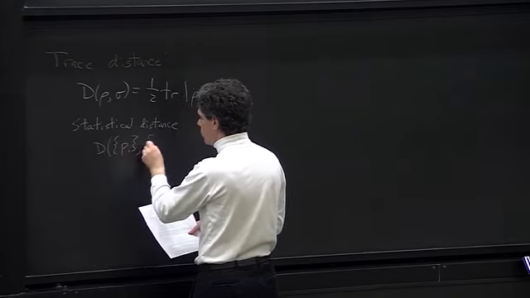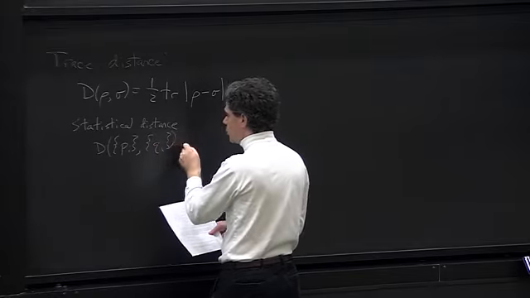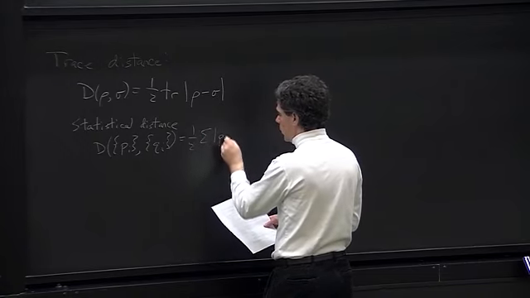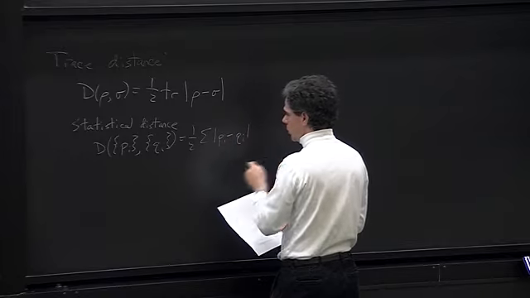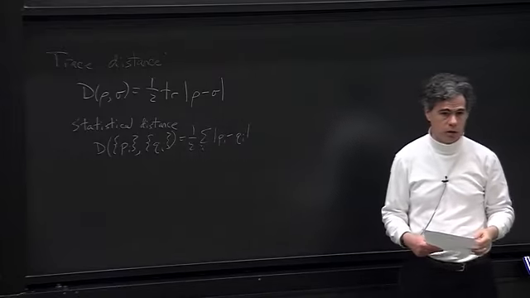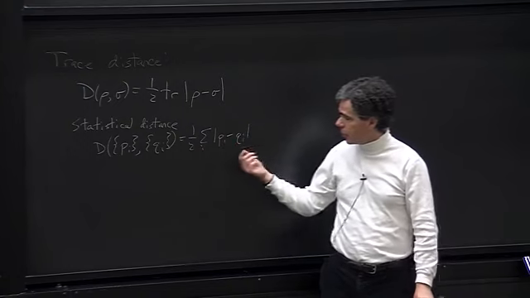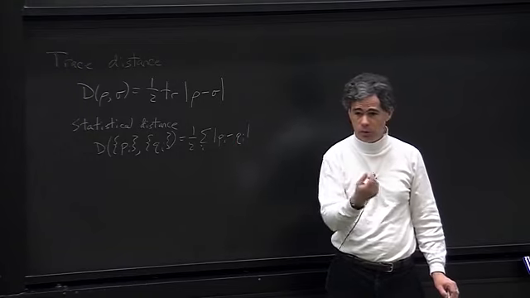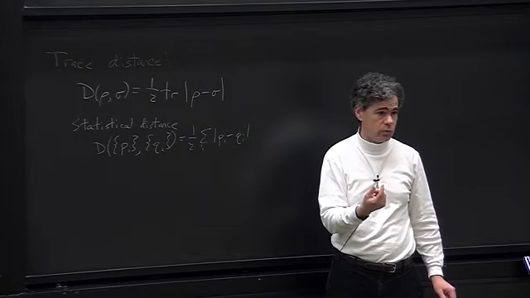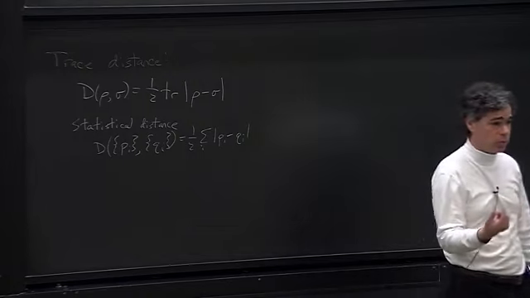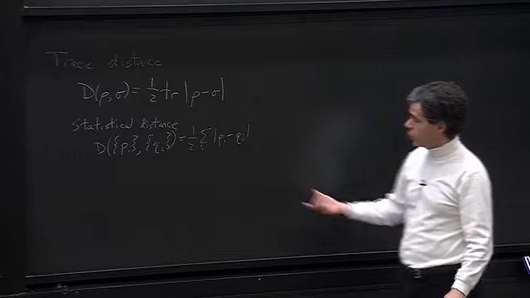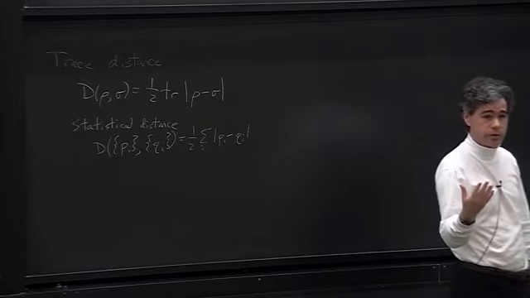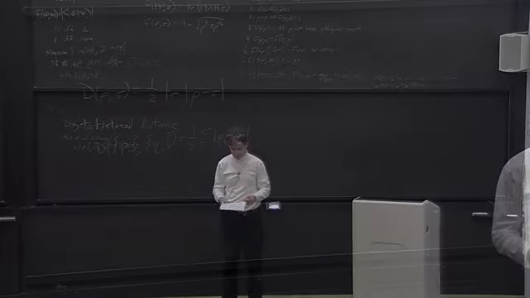So if we have a probability distribution p_i and a probability distribution q_i, then it's just the sum of the absolute value of p_i minus q_i. Okay? So this is saying, if you look at each outcome, what's the difference in probability of getting that outcome between the two distributions, without saying which one is bigger and which one is smaller. And then we're just going to add all those up. And so the trace distance is the quantum generalization of that, a pretty natural quantum generalization.